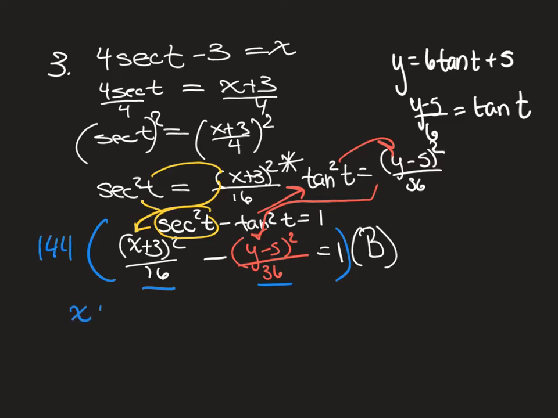So you're going to get x plus 3 squared, and then 144 divided by 16 is going to be the 9 out front, minus 144 divided by 36 is going to be 4, y minus 5 squared equals, and the 1 times 144 makes 144.